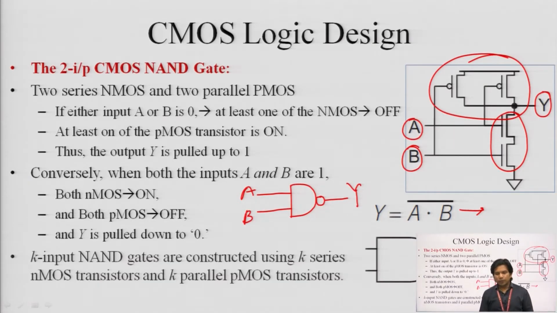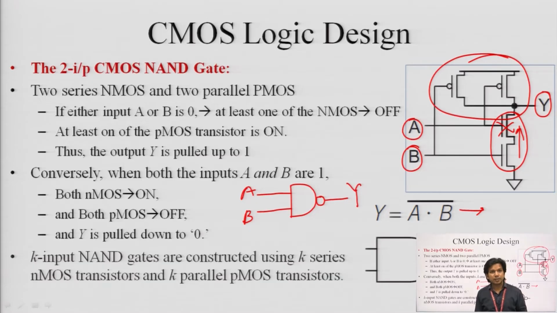Now let us observe the output. If either of A or B is 0, then at least one of the NMOS will be in the off condition. If any one of the NMOS is off, there will be no current flow through the series path.